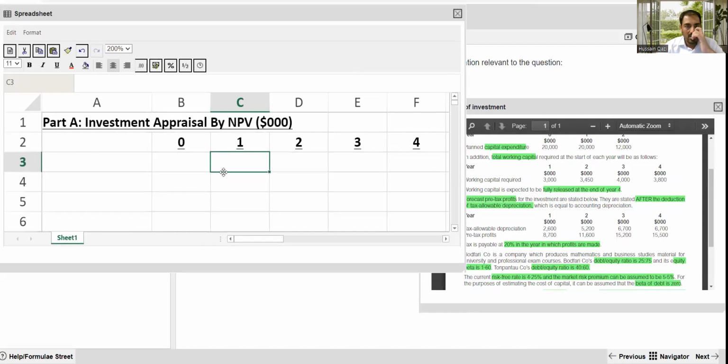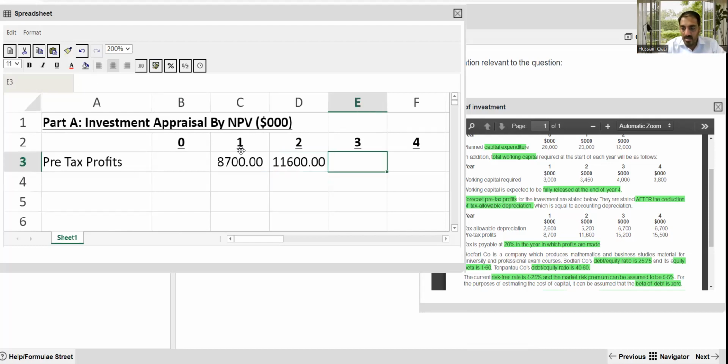We will mention the pre-tax profits, and it's very simple: 8,700, 5,200, sorry, 11,600, 15,200, and 15,500.